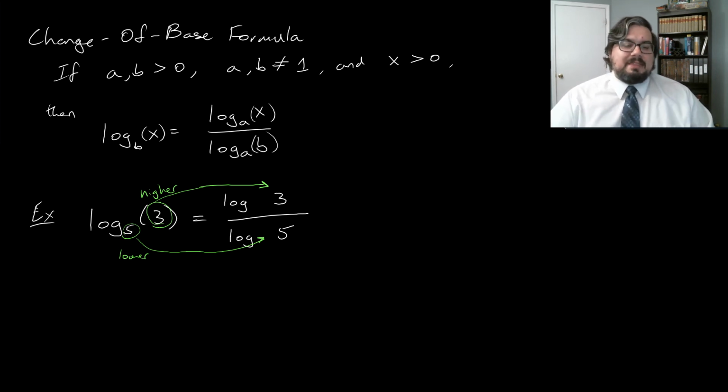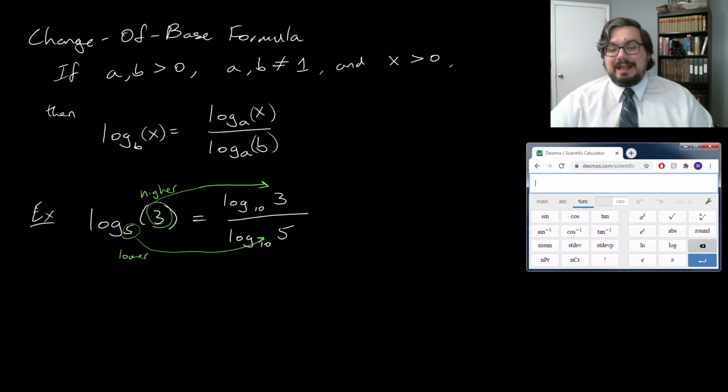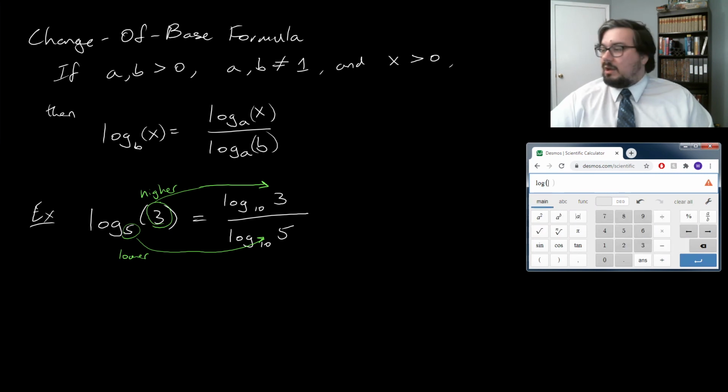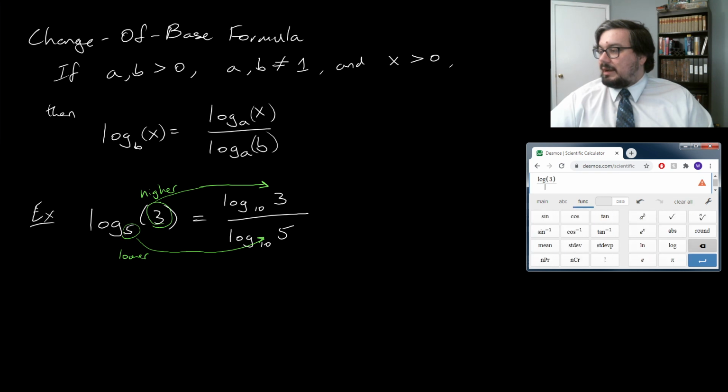And so now, I can choose any base I want here. I'm going to go ahead and choose log base 10 because that's something that I have on my calculator. So now I can actually pull out the calculator and see what this is, rounded to however many decimal places I want. I can say, all right, I want log base 10 of 3 divided by log base 10 of 5.